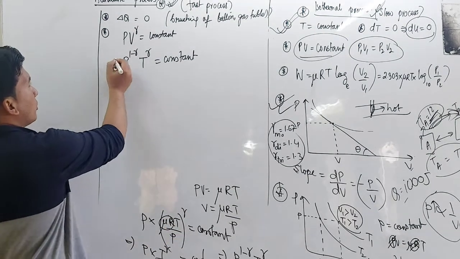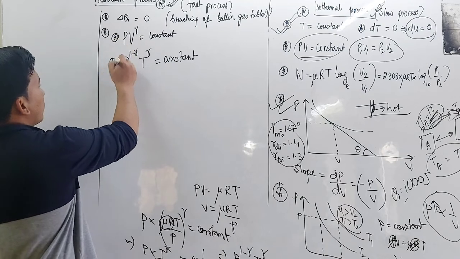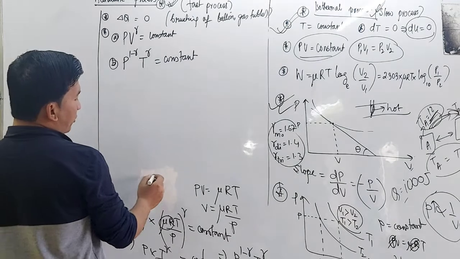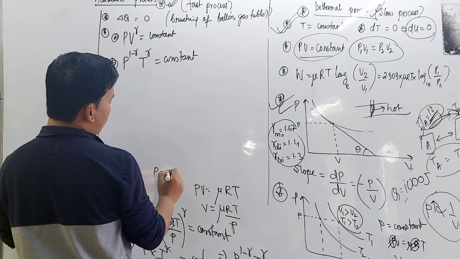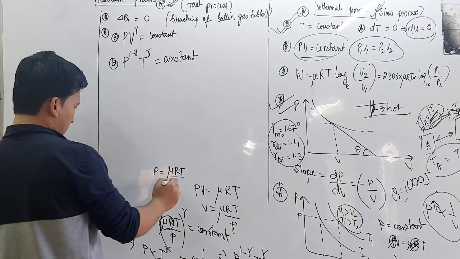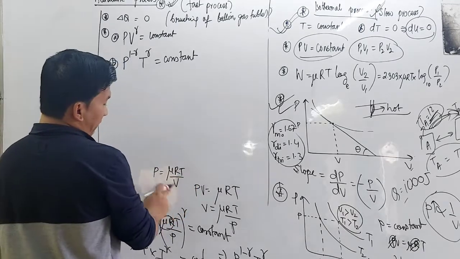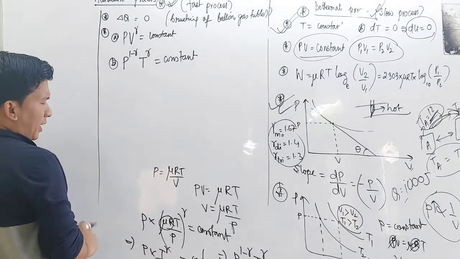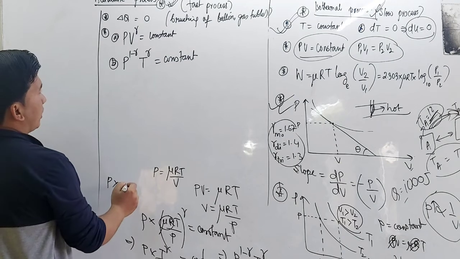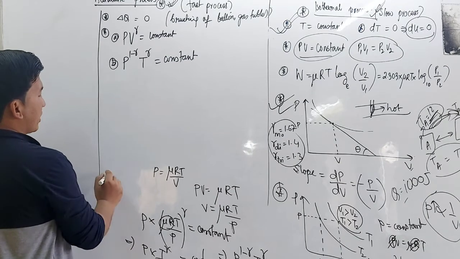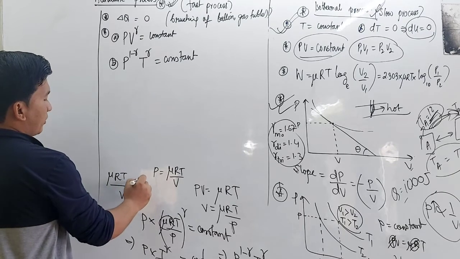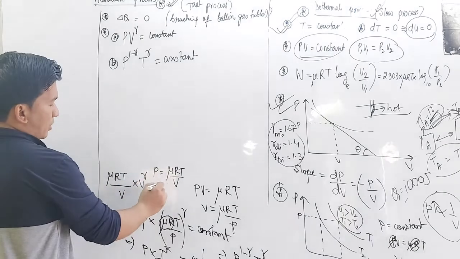Next, what will be the second? This is A, this is B. What will be the third? We have to convert our pressure in terms of volume: mu RT divided by V. Here our pressure P into volume V, with pressure P represented by mu RT divided by V, and this is V to the power gamma, equal to constant.